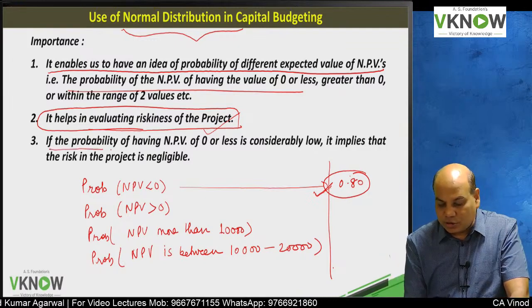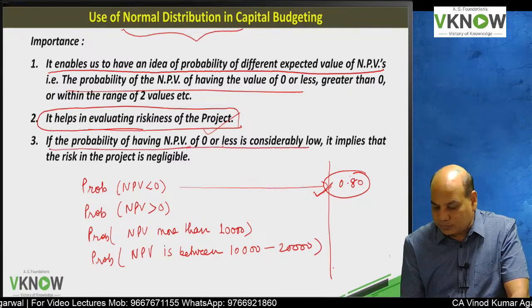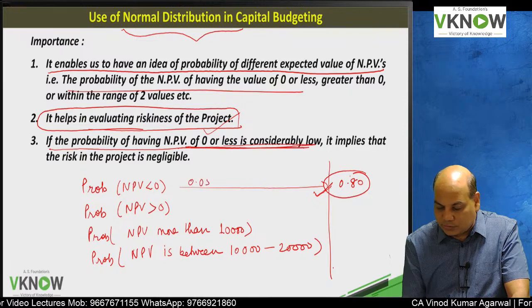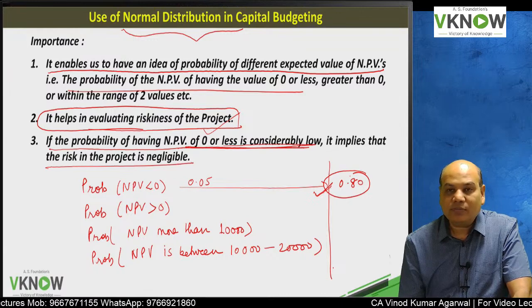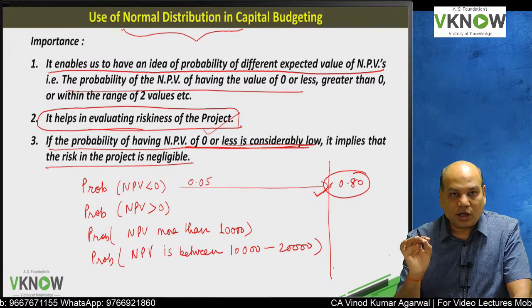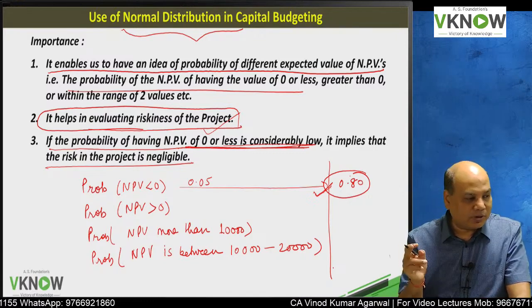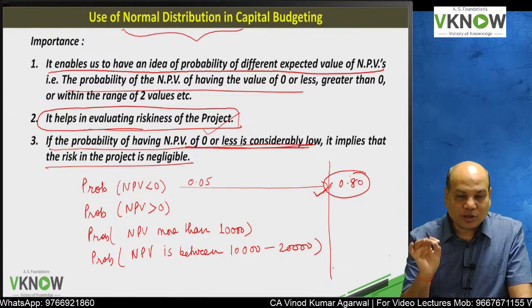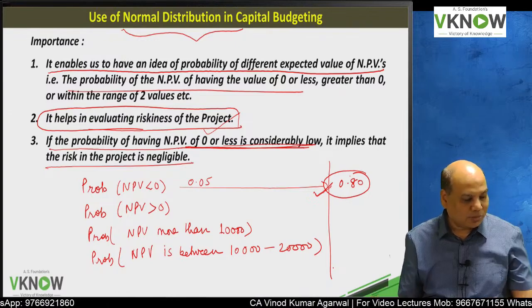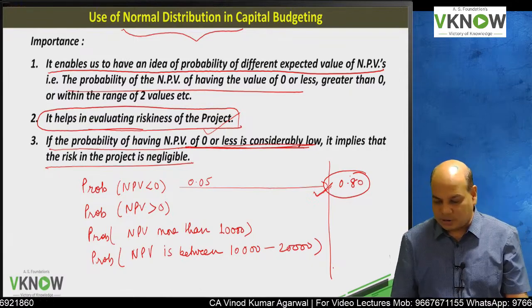If the probability of NPV of 0 or less is considerably low, let us say it is 0.05 only, it implies that risk in the project is very negligible. So in the next few questions I will show you how to calculate the probabilities of different NPVs, and this will help you to understand the risk. So today's topic would be dedicated to normal distribution in capital budgeting.